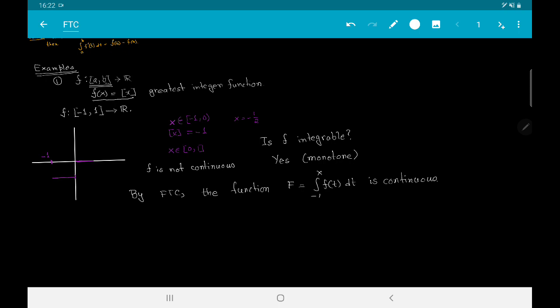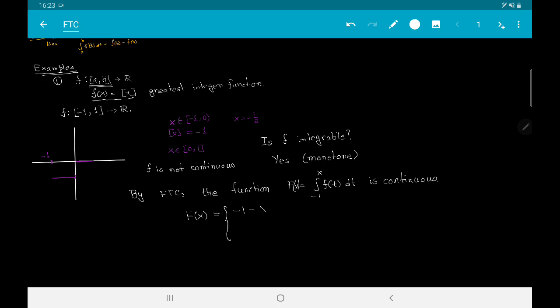If you try to work out what the function F is, this is actually F of x. So what is F of x? You can easily compute it. I am not going to give you the computation, but rather leave it as an exercise. I have done this kind of thing before, so I am allowed to do so.